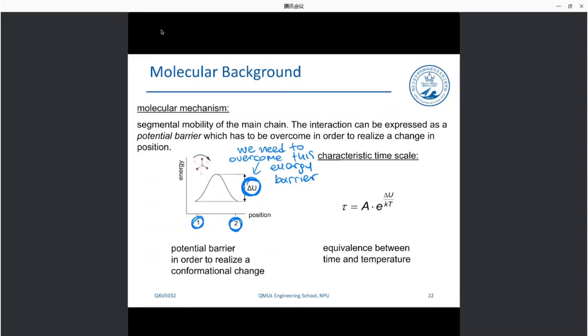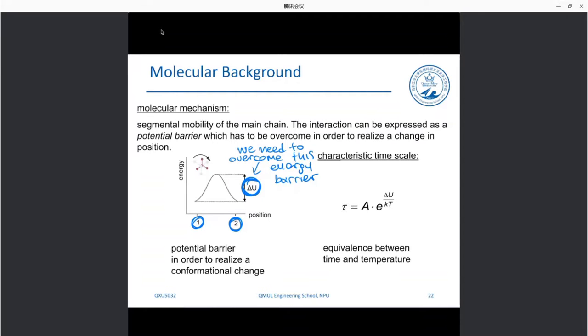But since the thermal energy is statistically distributed, we cannot say that it is absolutely identical throughout the whole structure, the whole polymer. A fraction of the groups will be able to overcome this barrier, okay? And this fraction strongly increases when the temperature is raised, okay?